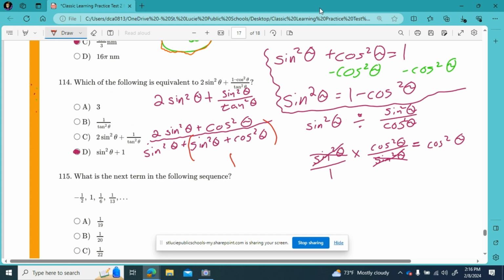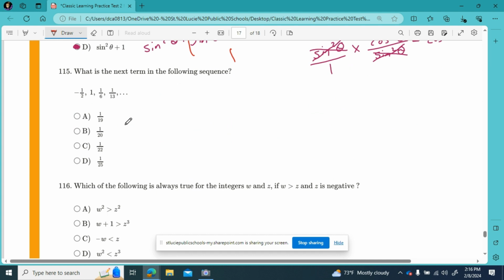And we're looking on to a sequence on question number 115. What is the next term in the following sequence? We've got negative a half, 1, 1/6, and then 1/13. So what is going on with these numbers, right? 1 over 2, that's negative. 1, since all the other numbers are fractions, I'm going to rewrite 1 as 1 over 1.